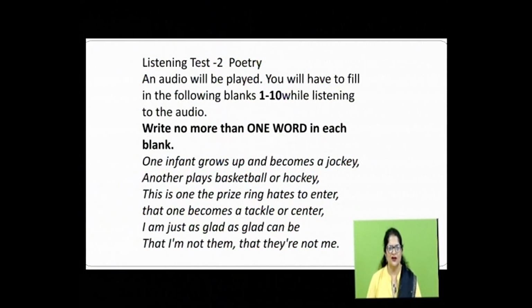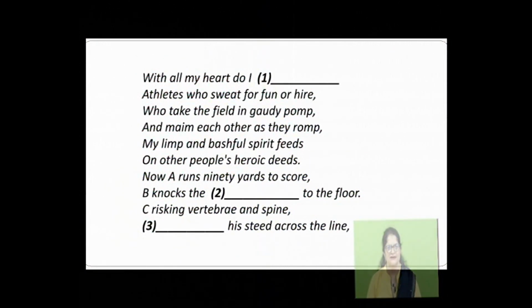One infant grows up and becomes a jockey. Another plays basketball or hockey. This is one the prize ring hates to enter. That one becomes a tackle or center. I am just as glad as can be, that I am not them, that they are not me.